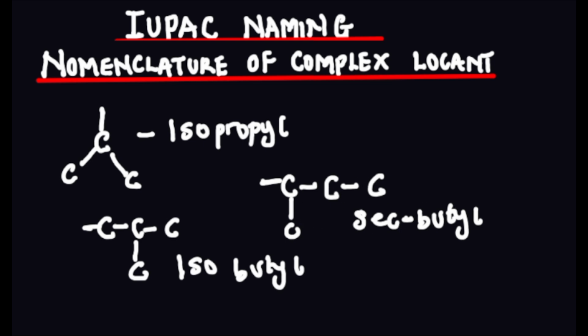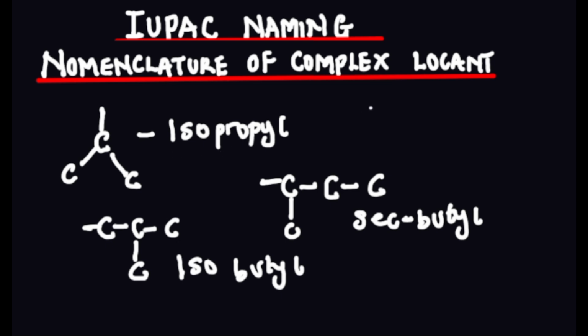It is sec-butyl because the bond is at the second carbon. Isopropyl has 3 carbon atoms, and the bond is at the middle carbon. Here as well, you have 4 carbon atoms, but the carbon shifts to the middle side. That's isobutyl. While this one is sec-butyl, this one is isopropyl.